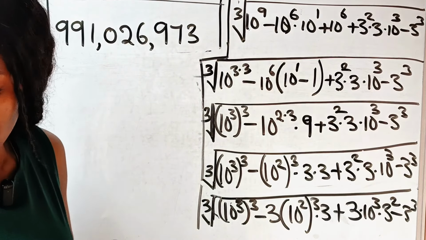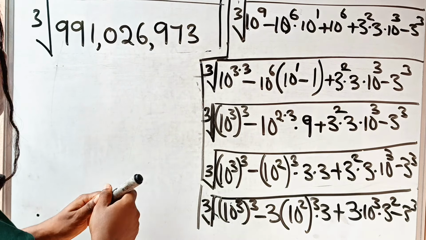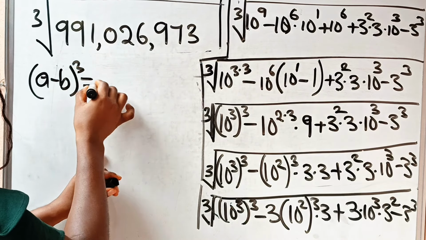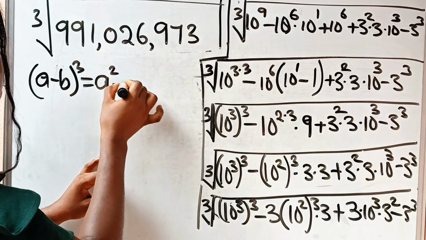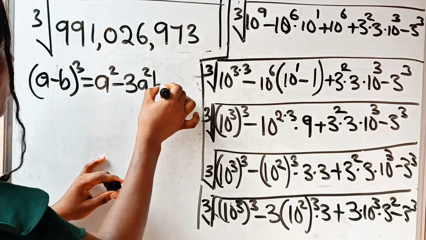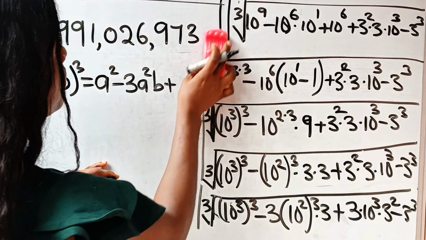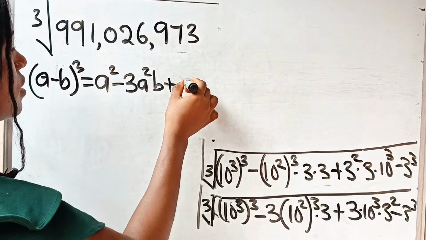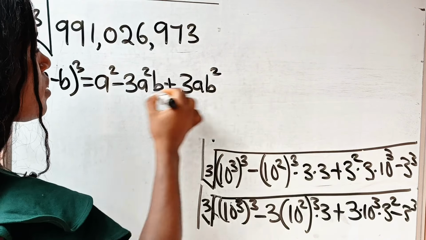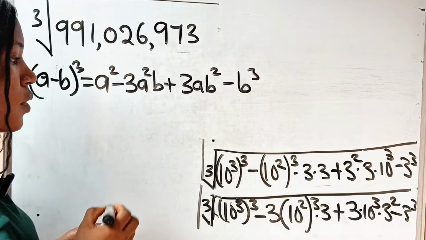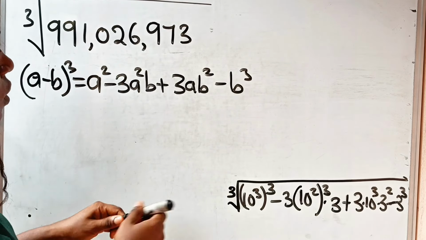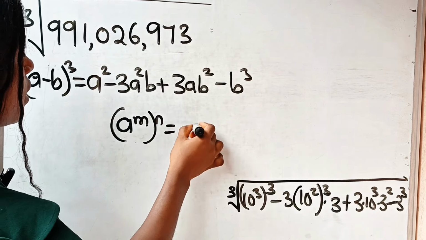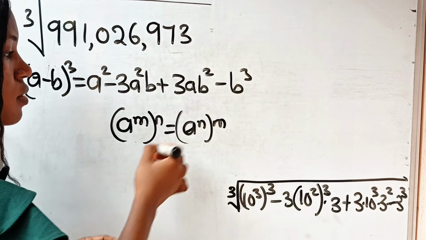This algebra identity says that a minus b raised to the power of 3 is equal to a to the power of 3 minus 3a squared b plus 3ab squared minus b to the power of 3. Now, remember that a to the power of m raised to the power of n can be written as a to the power of n raised to the power of m as well.